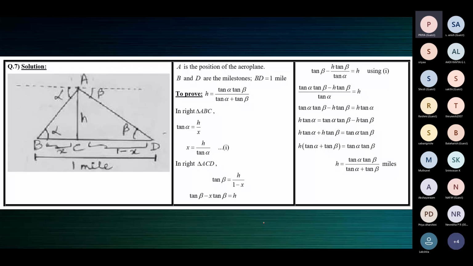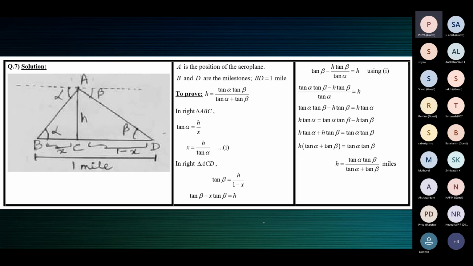What is AB? What about the points B and D? What do they represent? Consecutive milestones. B and D are the positions of the two consecutive milestones. So the length of the line segment BD is equal to 1 mile. If you assume BC as x miles, then CD will be 1 mile minus x miles, right?